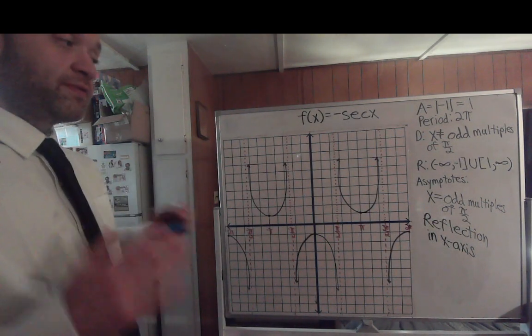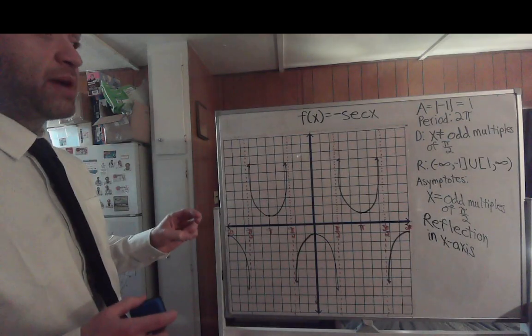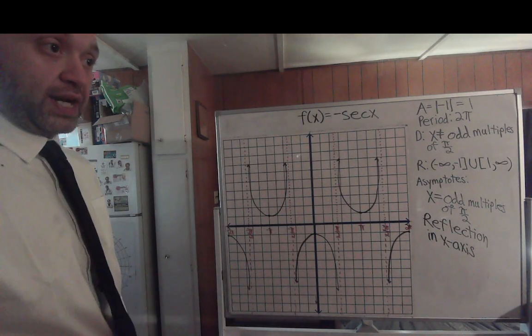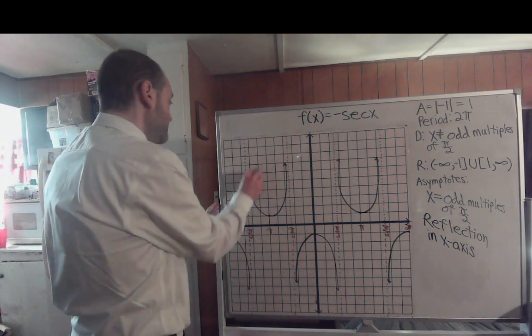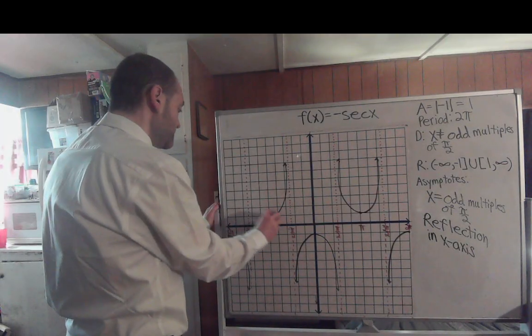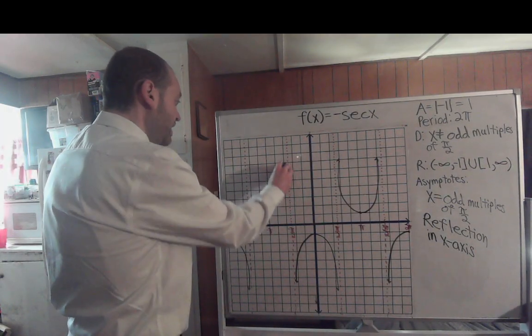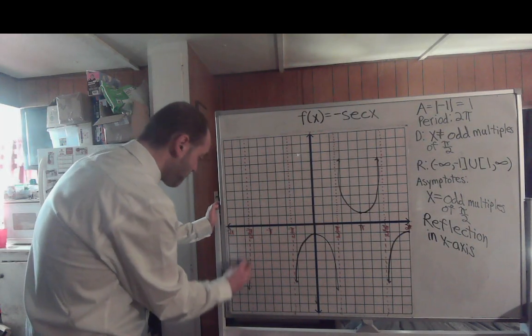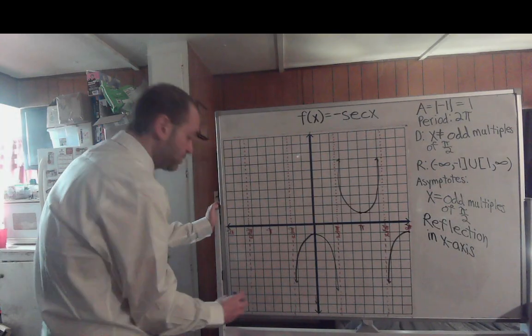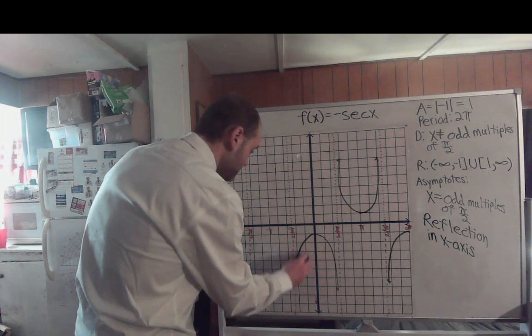Alright, so there's reflections. Now let's talk about vertical shrinks and stretches of these functions. We'll start with the secant this time, since we already have all the asymptotes present. That might make it easiest, so we don't have to keep constantly erasing and starting over.